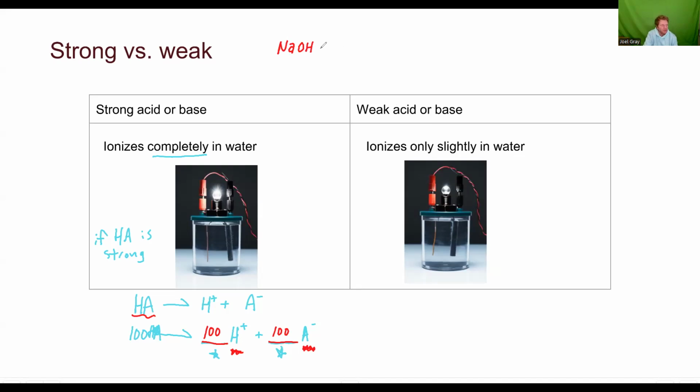Now I want everyone to add to the chat: if you start out with 50 NaOH and you add that sodium hydroxide to a solution, how many Na plus and how many OH minus will be in that solution once the reaction's done? That's my question for you guys.